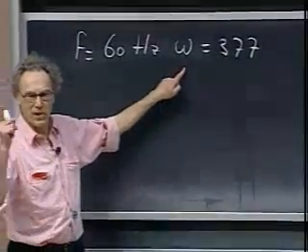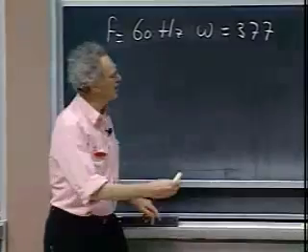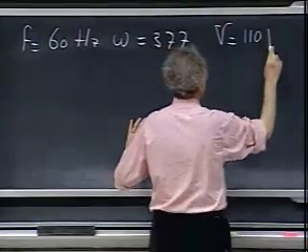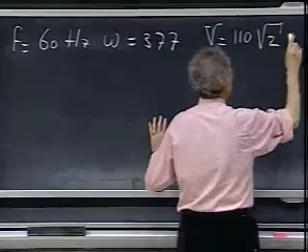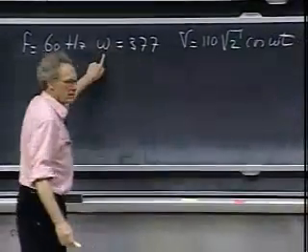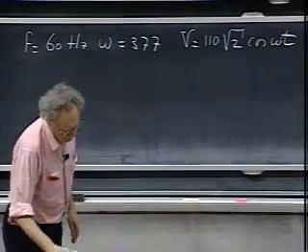That frequency is a given. I simply plug it into the wall, and so my driving voltage is 110 times the square root of 2 times the cosine of omega t, and it is this omega. So it's the 110 volts that comes out of the wall, so to speak.